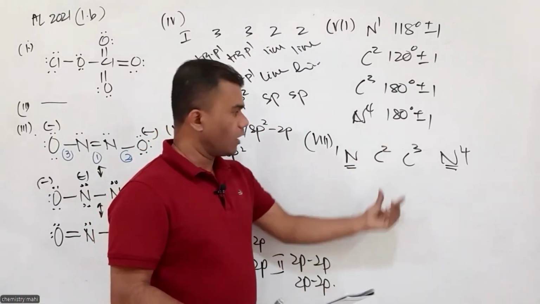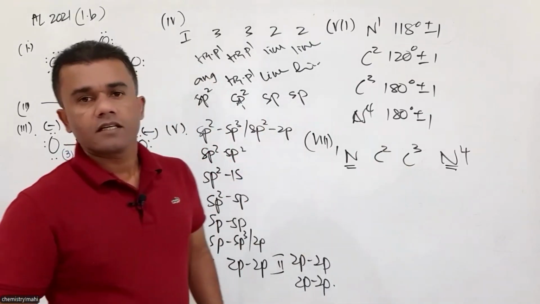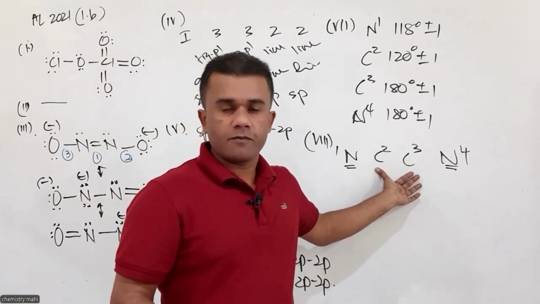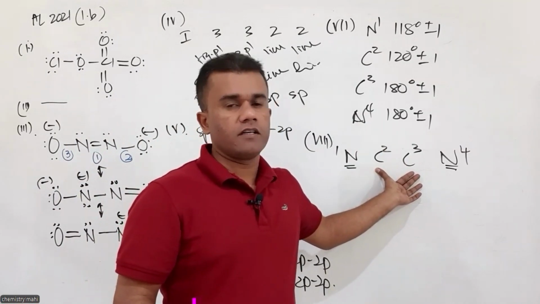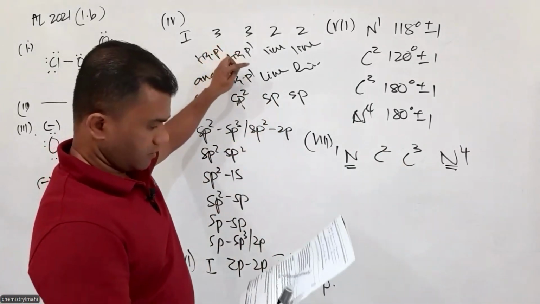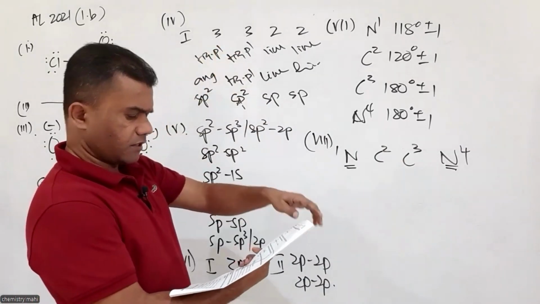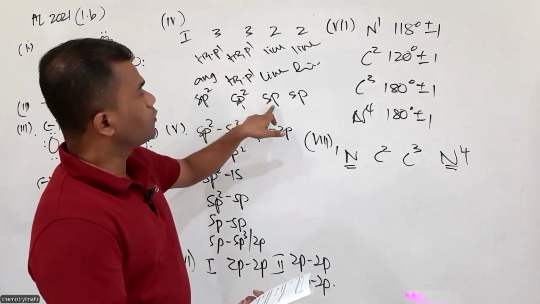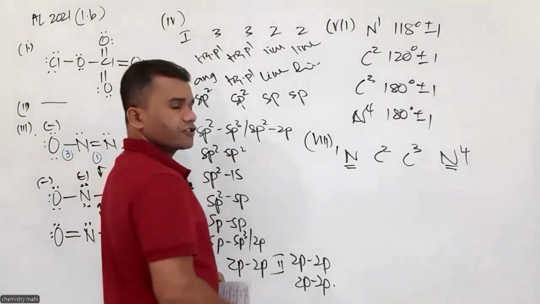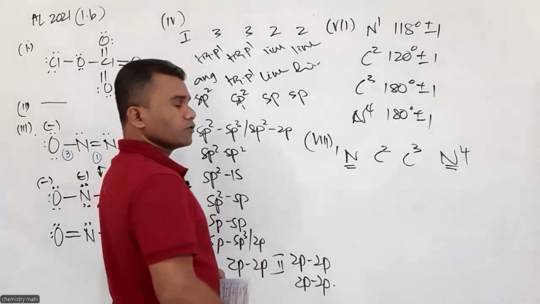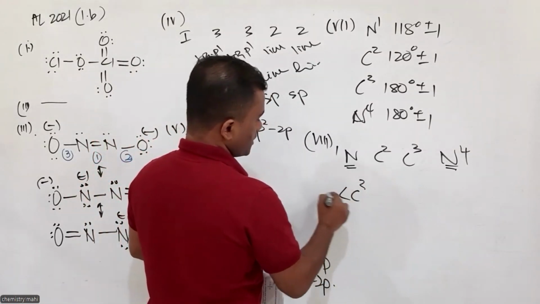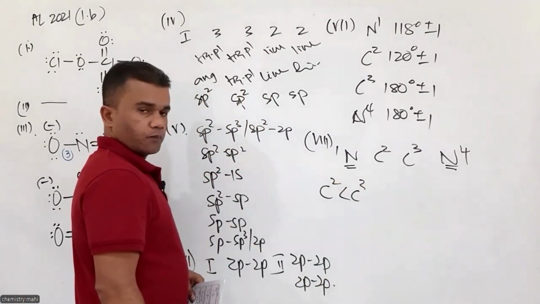That's the point. But for C2 and C3, now you see the atoms are from the same element. If the atoms are from the same element, to compare the electronegativity, what is the first factor? Hybridization. C2 is sp2 and C3 is sp. Then we have a very clear difference in hybridization. sp carbon should be more electronegative than sp2. Therefore, C3 should be more than C2.